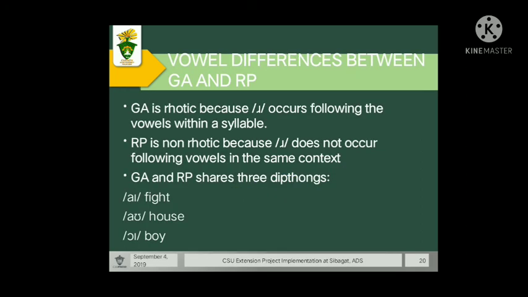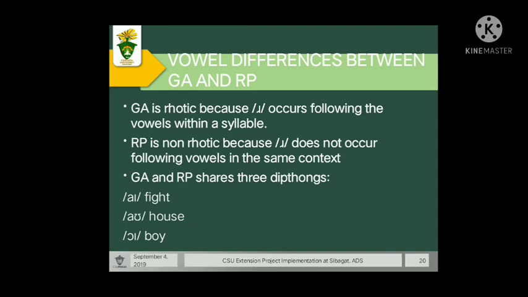Okay, so General American is rhotic because R occurs following vowels within a syllable. However, the received pronunciation is non-rhotic because the letter R or the phoneme R does not occur following vowels in the same context. So GA and RP share three diphthongs, the I, the ow, and the oi.